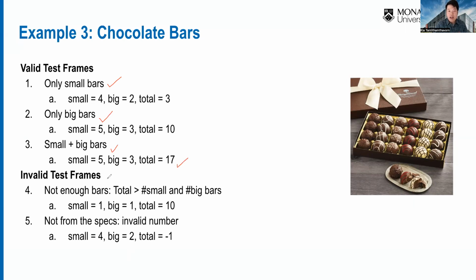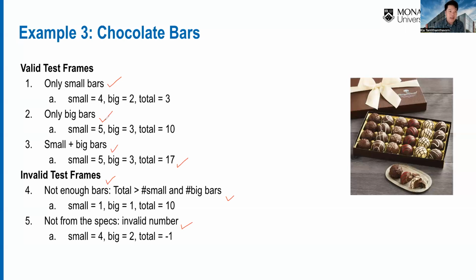For the invalid test frame, we don't have enough chocolate bars to make anything, or the number is invalid, so we cannot make anything. Once we understand this, then we can generate the test cases.